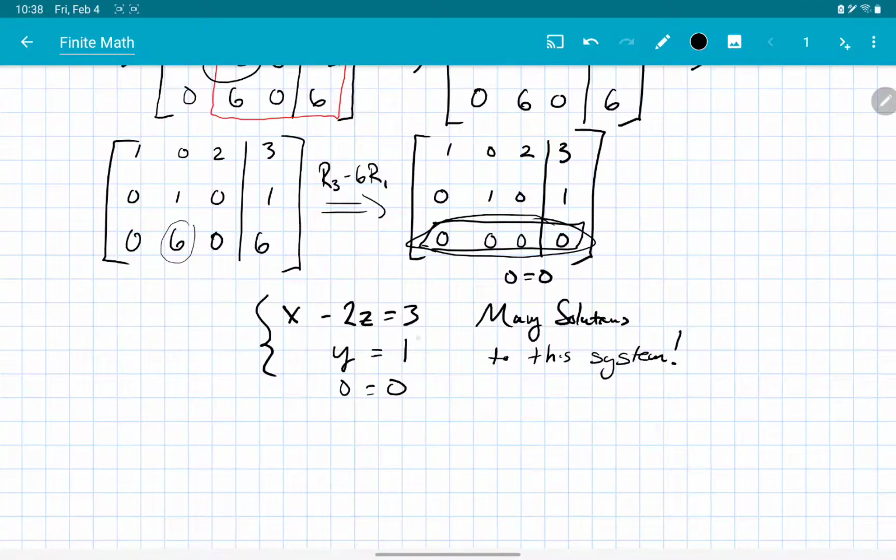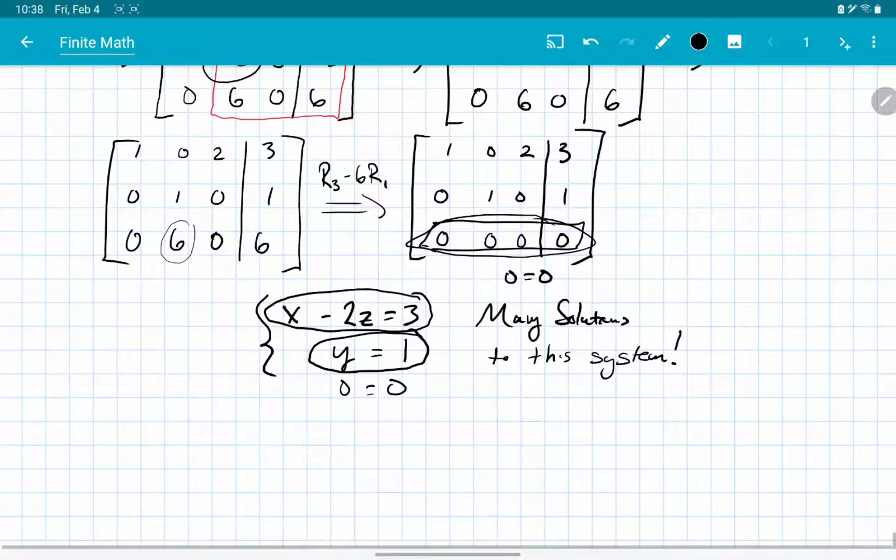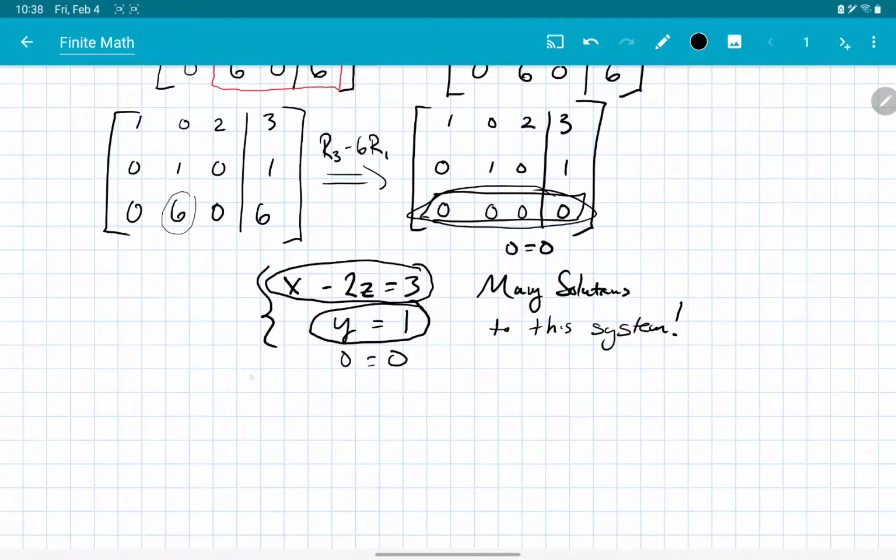Now, we do know that all solutions are going to have y equals 1. Okay, so all solutions have y equals 1, but then otherwise, we just have a relationship between x and z here. So we can rewrite that first equation as x is equal to 3 plus 2z and y is equal to 1.